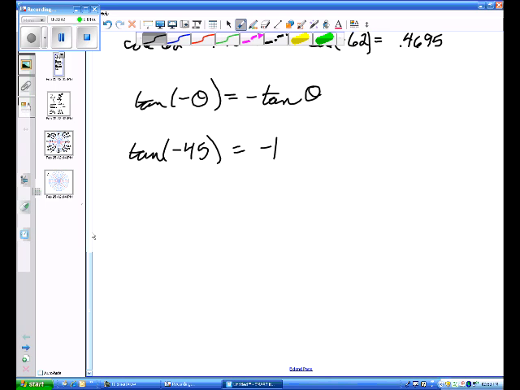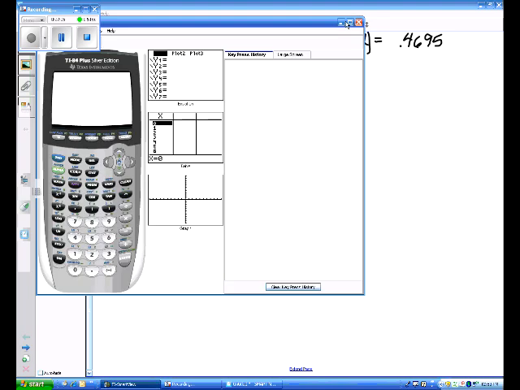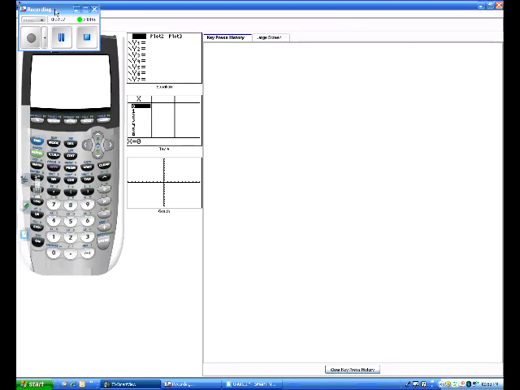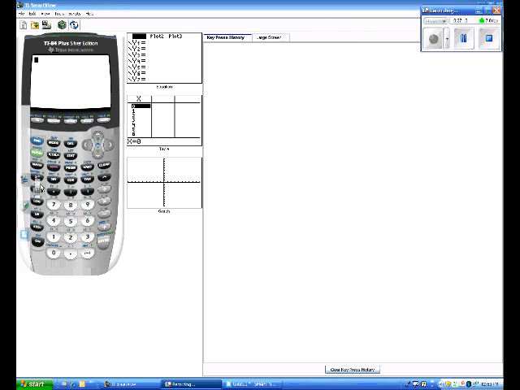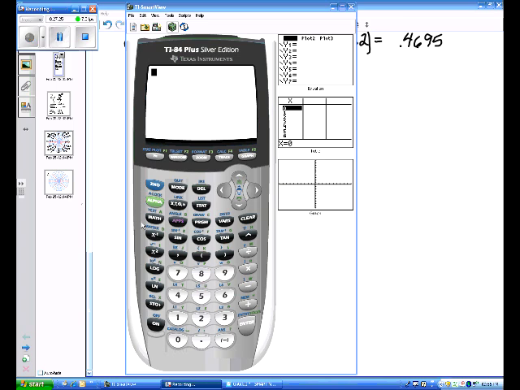All right, let's look at our calculator, where we can see how to set this up. Some of the things are easy to do and some of it's a little different. Now we know on our calculator that if we've got it in the function mode, we can't graph circles.